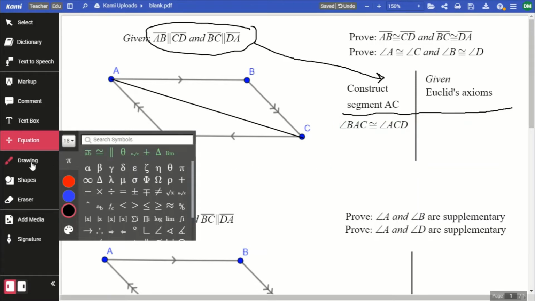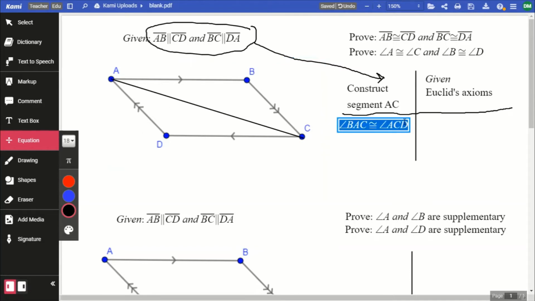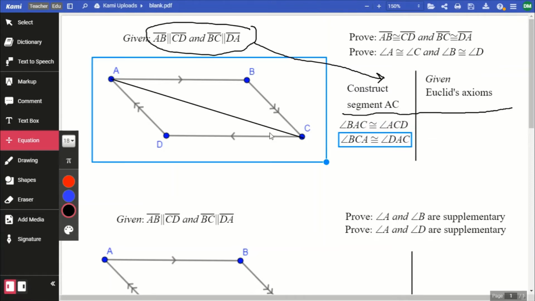And similarly, we're going to say that BCA is congruent to DAC. So let me make a copy here, and then we'll just change the letters. So BCA is congruent to DAC.